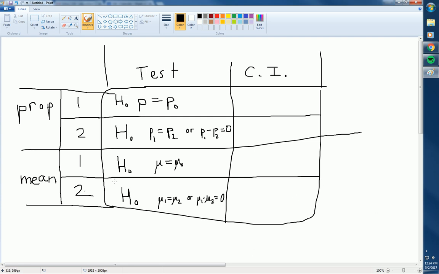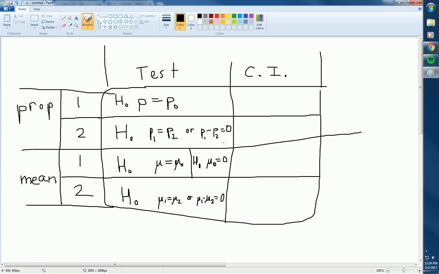It's worth noting that with means, things were a little more complicated than what we're saying here, because instead of having a mu, you might have a mu d, the mean of a whole bunch of differences, equal to 0. So that can also happen, of course.